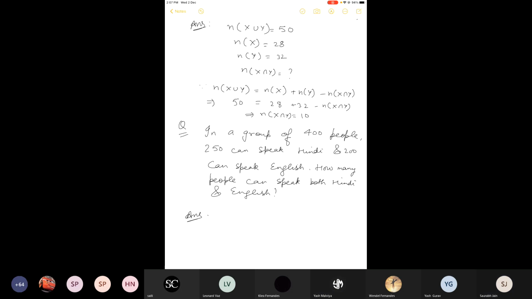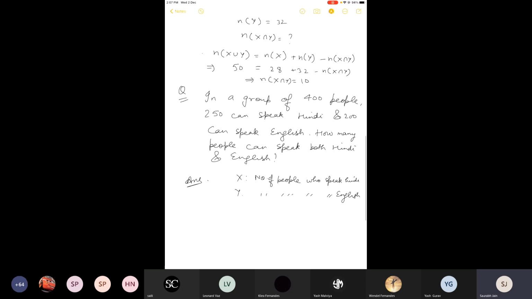Okay, so let us denote the number of people who speak Hindi by X and the number of people who speak English by Y. So first thing, what is given? In a group of 400 people, that means people are either speaking Hindi or English. So that means union is given, right? Union is given. This is the first thing.